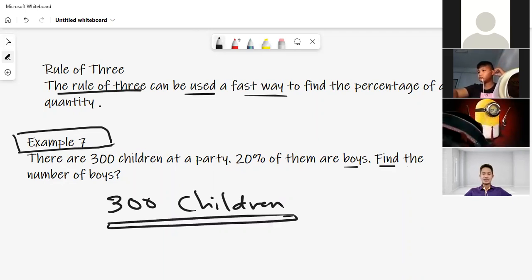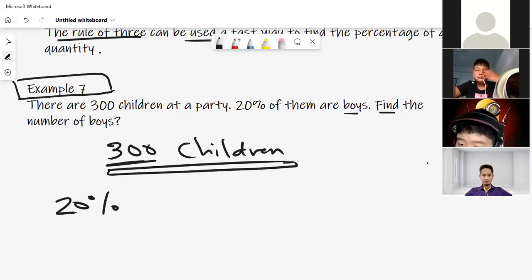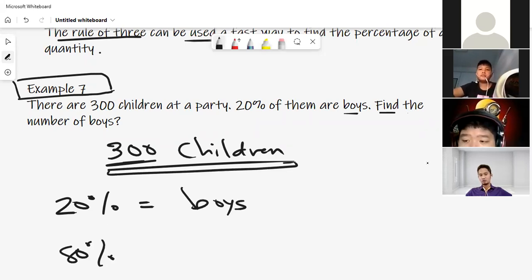But it says here, there are 300 children, and they give us 20%, meaning 20% of them are boys. So how many percent is the girls? 80%, to have 100%.